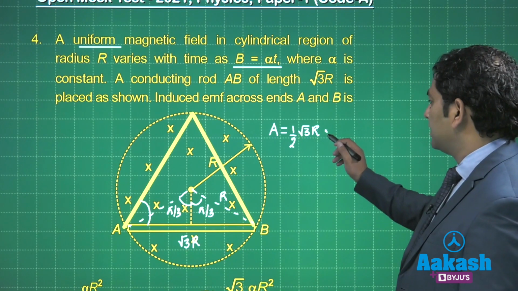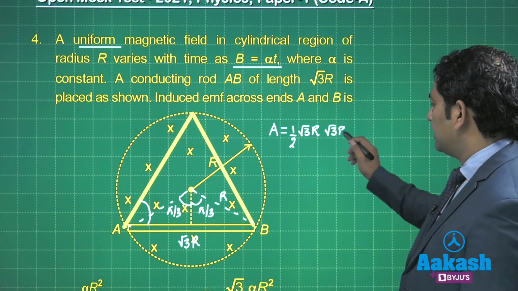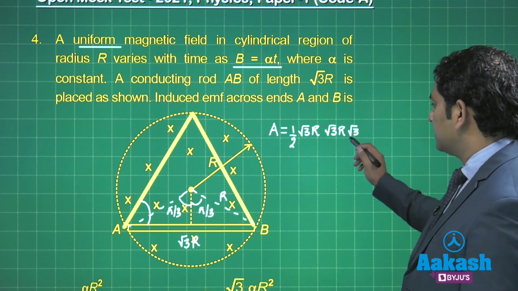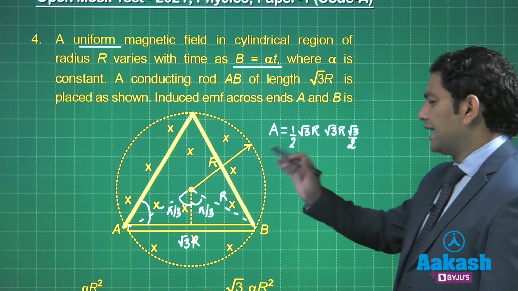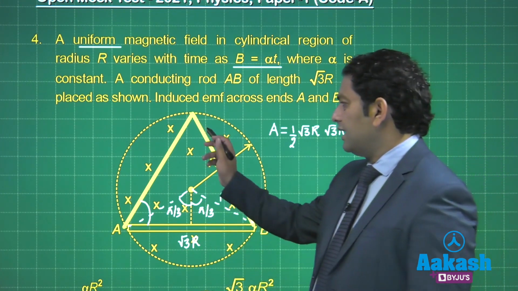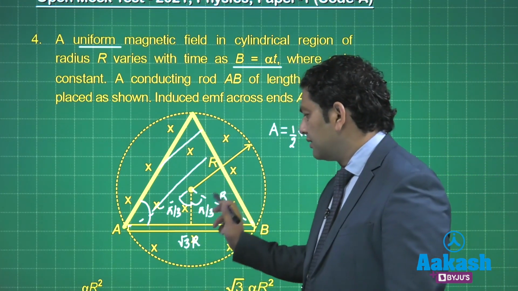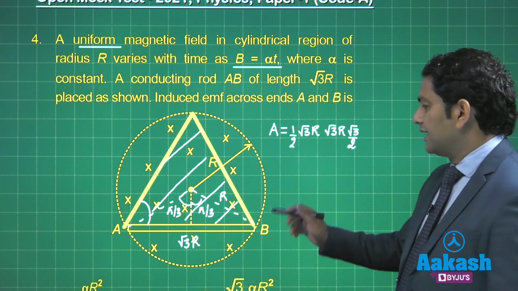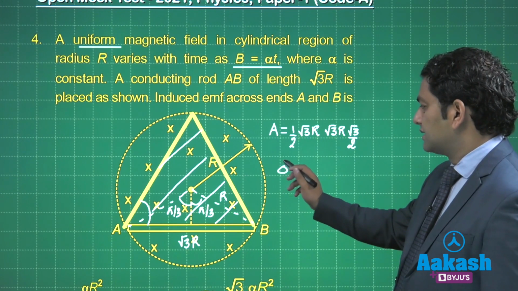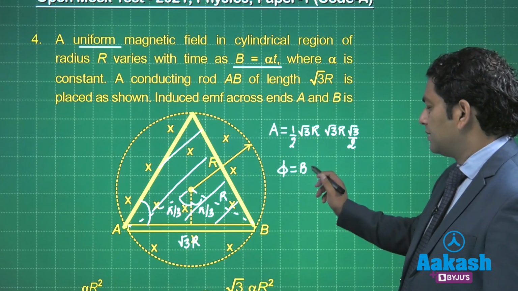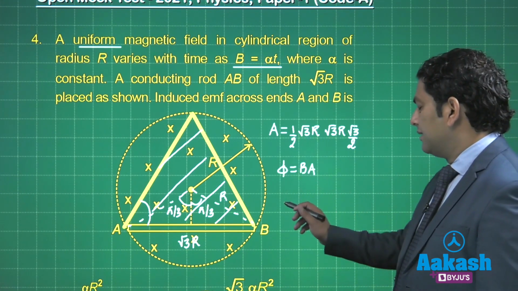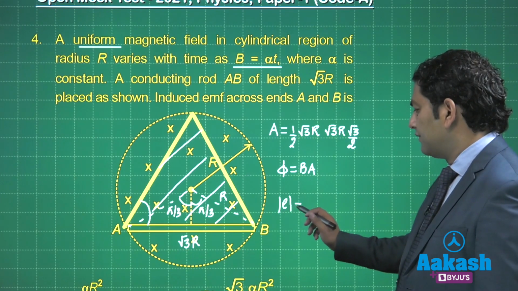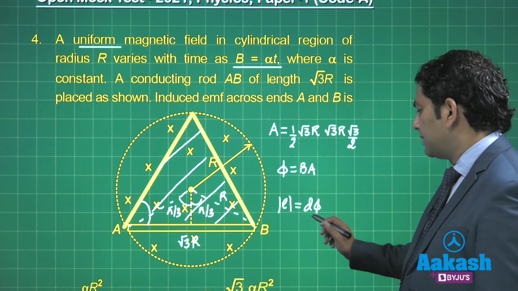So that's going to be root 3r sine 60, so root 3 by 2. So I calculated the area enclosed by this figure. Once I get the area, I can now calculate the flux, which would be equals to B multiplied by A, and the EMF magnitude is going to be d phi by dt.